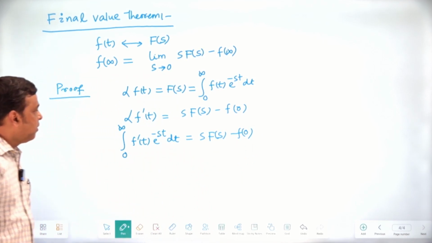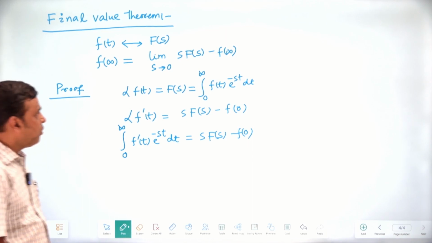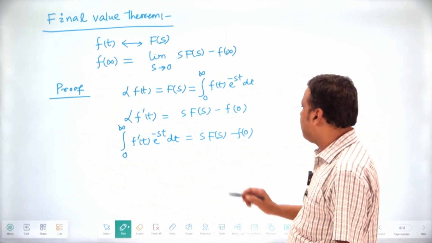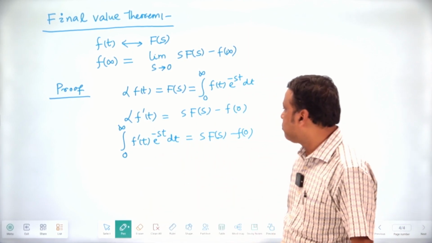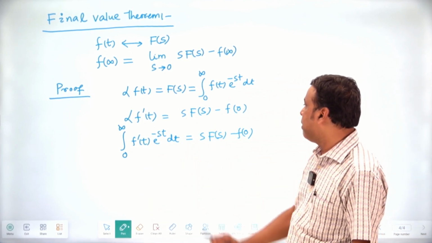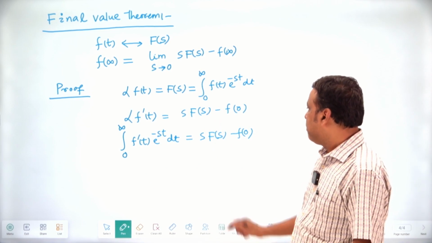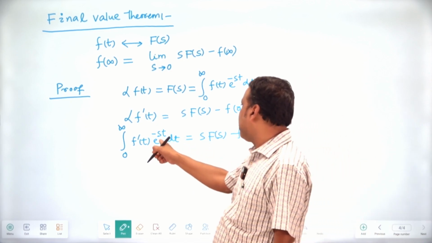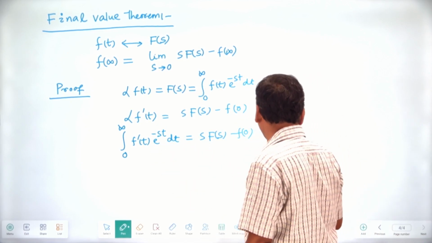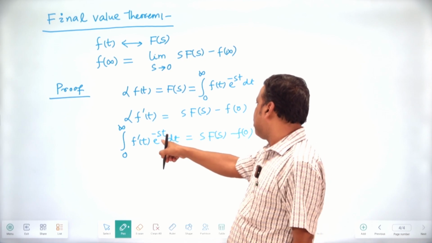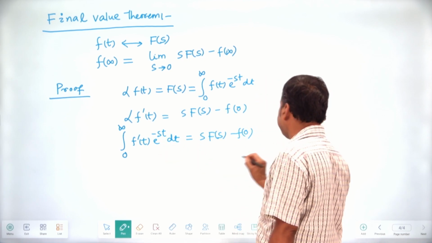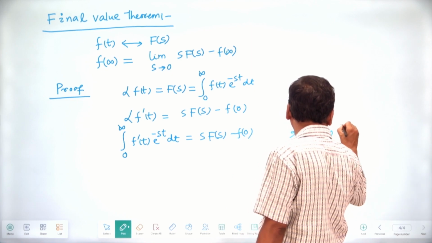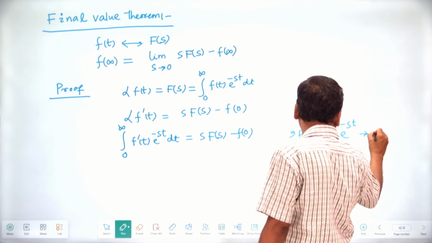Then what will we do? In the initial value theorem, t tends to 0, but in the final value theorem, t tends to infinity. As s tends to 0, e to the power minus st tends to 1.